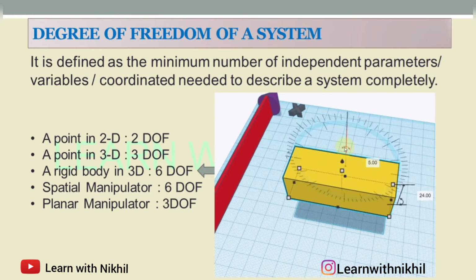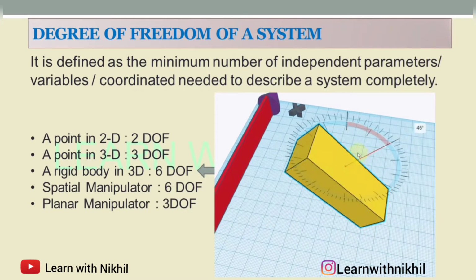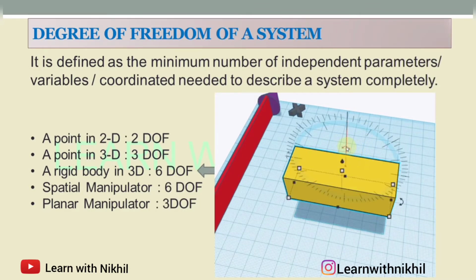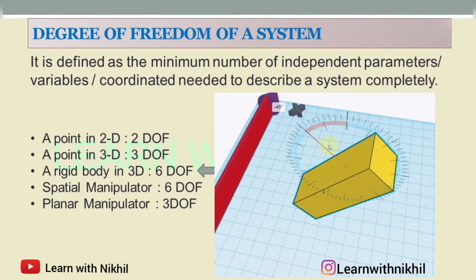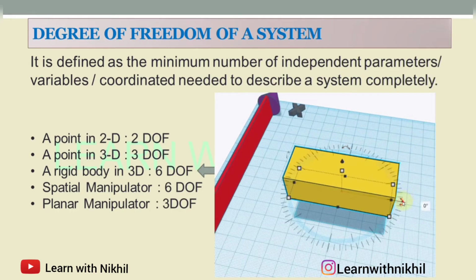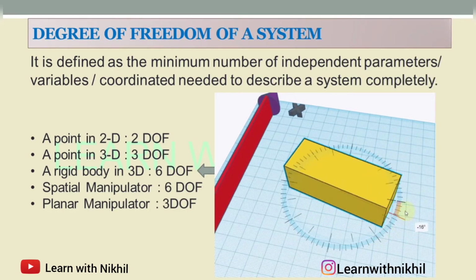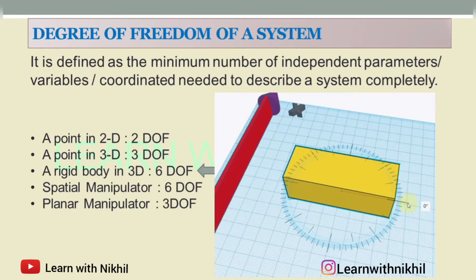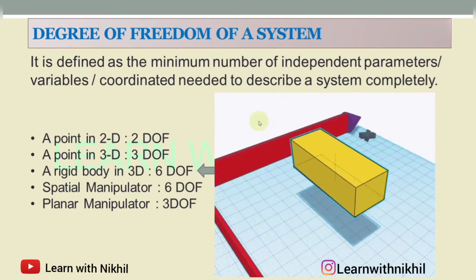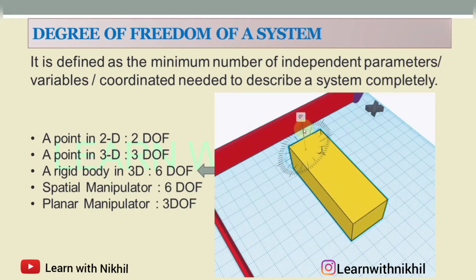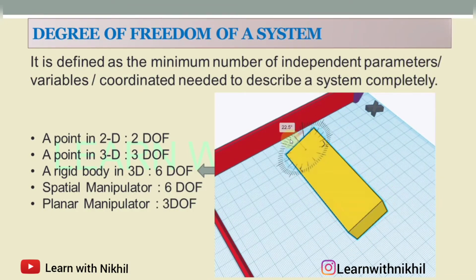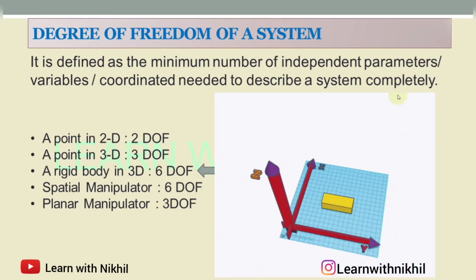Now there are 3 orientations. It rotates in this angle both ways, that is considered as one rotation. It rotates in this direction, that is considered as the second rotation. It moves in this direction, both directions, that is considered as the third rotation.